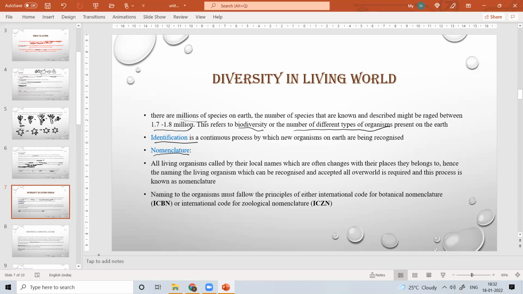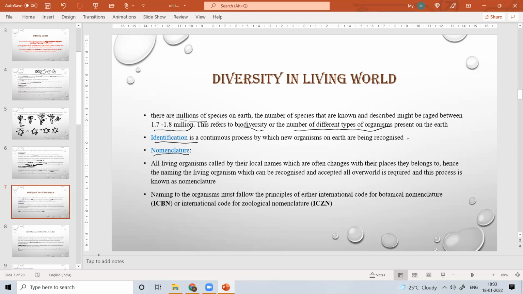Identification is the continuous process by which new organisms on earth are being recognized. That means every single day there are scientists who are working and discovering new organisms present on the earth, new species.